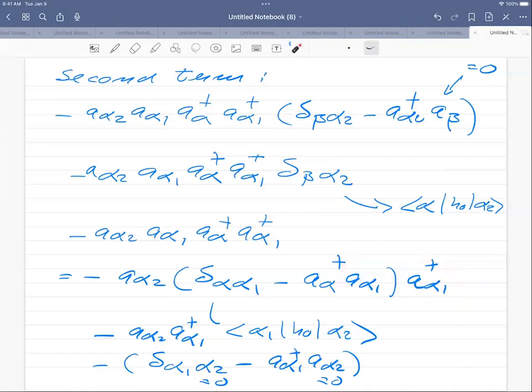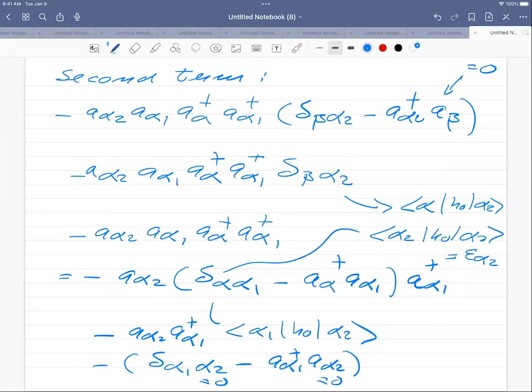And then we are left with alpha 2 with A alpha here, and that is going to force alpha to be equal to alpha 2. So that gives this term simply alpha 2, H0, alpha 2, and this would be epsilon alpha 2 here.